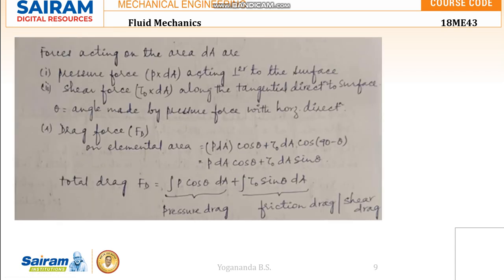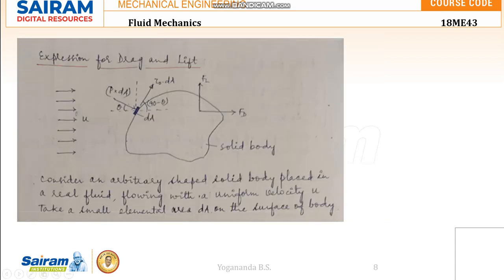Now, forces acting on the elementary area dA. One is the pressure force, that is P into dA, acting perpendicular to this element and making an angle theta here with the horizontal axis.